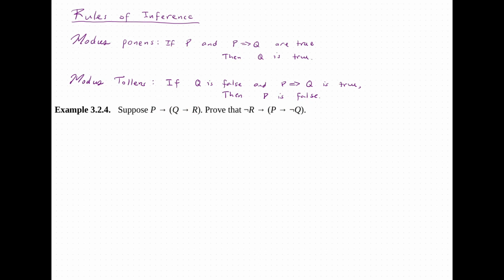So how does one prove a statement of this form? Well, in such a proof, as always, we assume the assumption. So assume P implies (Q implies R). But we're also going to be assuming P and not R. So we assume P, since that is the assumption here for Q implies R, so we're going to assume that P is true.